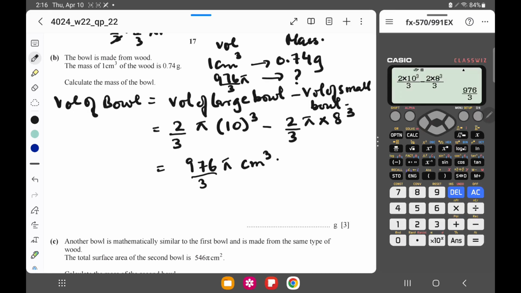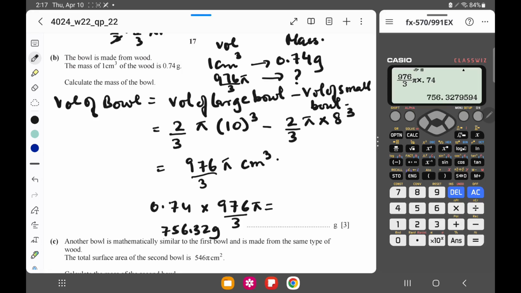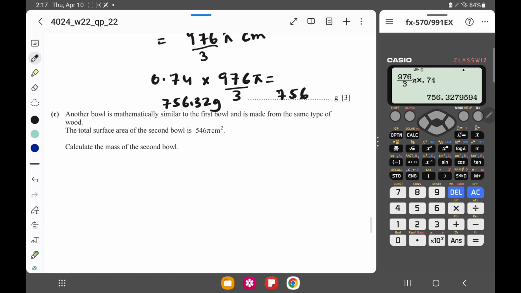Simply cross multiply: 0.74 times 976 upon 3 pi, which is equal to 756.32, or we can write 756 grams.